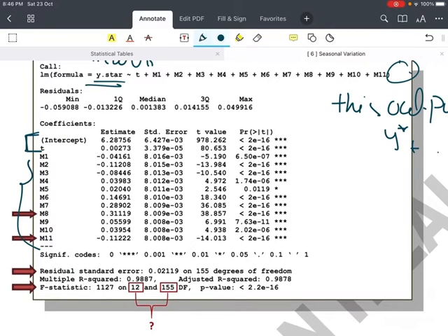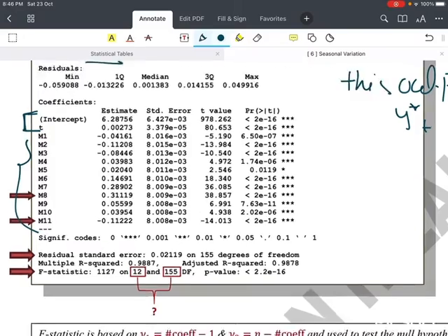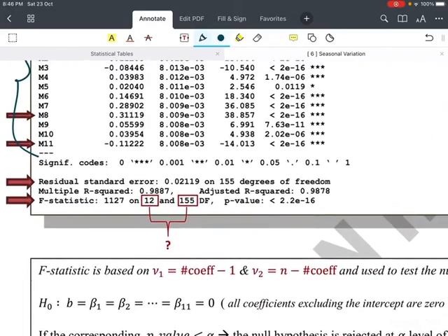Okay, here you will see that we have something called F statistic, and this is the value of the F statistic. The F statistic is a test for the overall model, meaning on the whole model in general. Okay, it's not specific for something, it is general on the whole model.